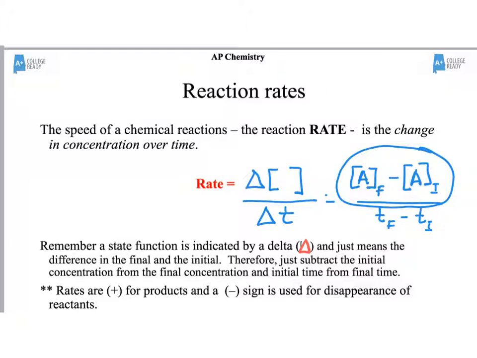Don't get worried about having negatives because you're talking about disappearance. And you'll see that sometimes the sign is implied in the words. Products are appearing, which means positive, and reactants are disappearing, so that means negative.